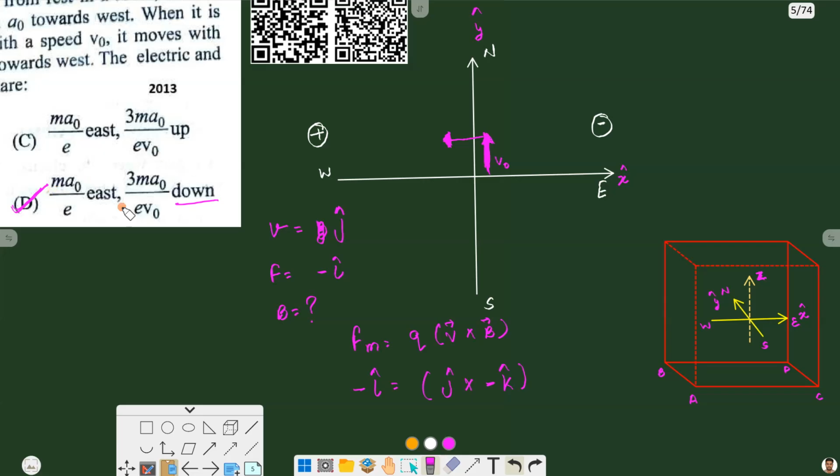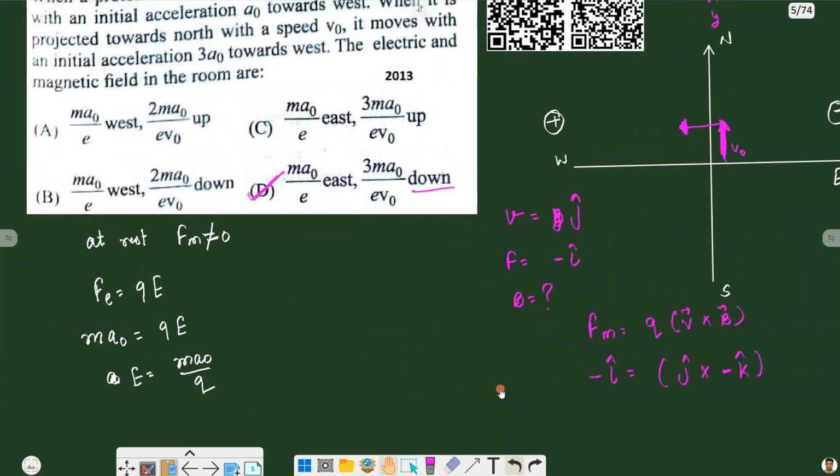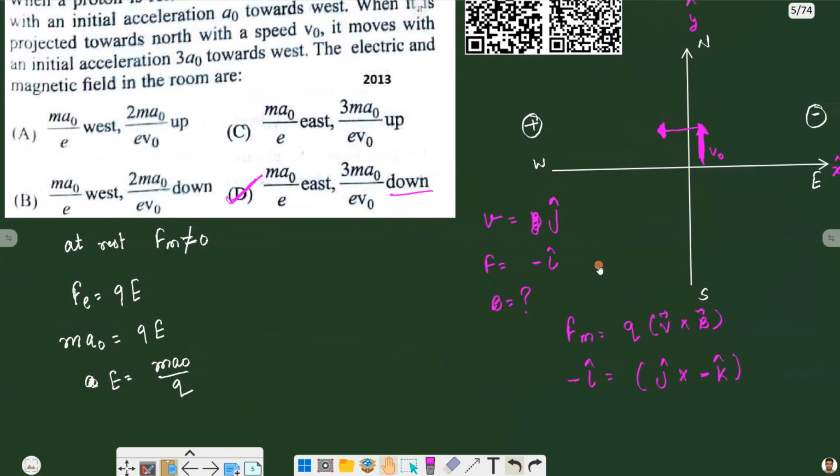Now moving to the magnitude part, we will also calculate the magnitude so that all doubts are clear. It is mentioned in the statement that when it moves in the north direction, it has an initial acceleration of 3a node. Out of this 3a node acceleration, this acceleration is provided by both fields.